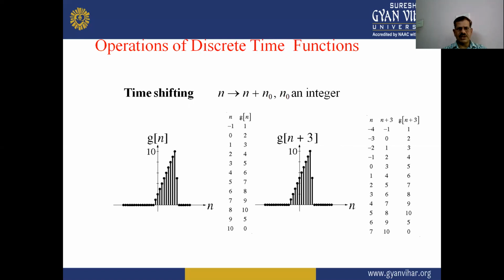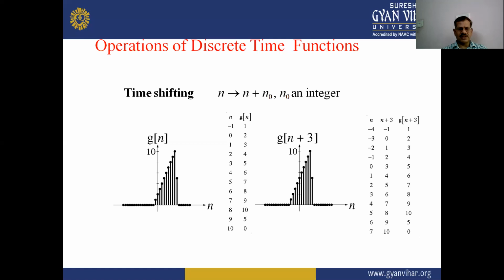Operation of discrete time functions. So time shifting: n tends to n plus n0, where n0 is an integer. Here the first diagram represents g[n], and the second one represents g[n + 3].